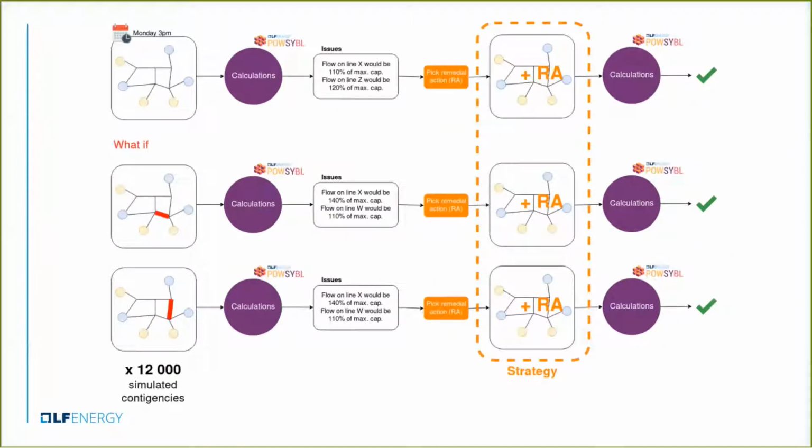But they don't just do one what if scenario, they do 12,000 of them, so that's a lot. And all the remedial actions that the operator selected using the SEA software and validated, it's a strategy for Monday at 3 p.m.